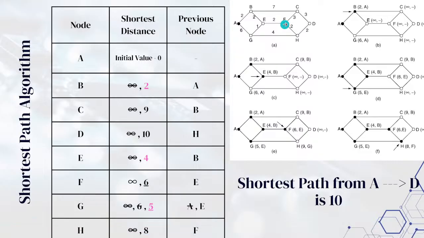It is F, again 2. Now F, what is the previous? E. So F to E, it is again 2. Now let me check E, what is the previous? B. Okay, I reached B. Now for B, what is the previous? A. So I reached A.